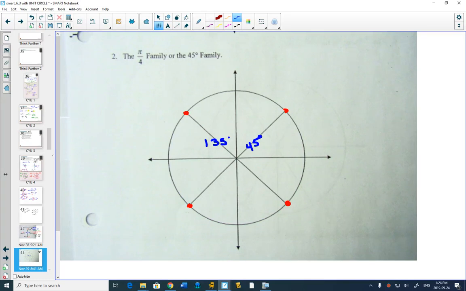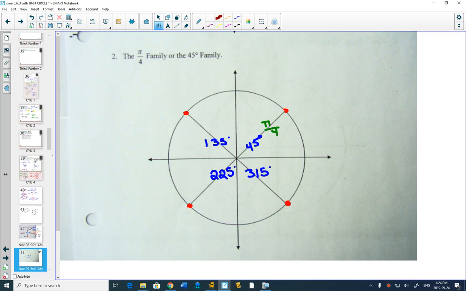Quadrant 3: 225 degrees, 180 plus 45 degrees. And then quadrant 4, you'd have to go 360 minus 45 degrees. 315 degrees. In radians, 45 degrees is pi over 4.